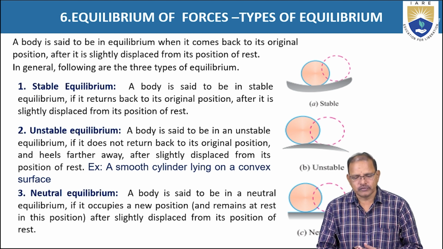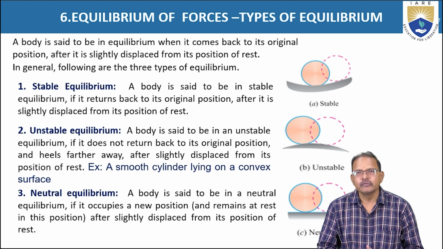Okay, types of equilibrium now. A body is said to be in equilibrium when it comes back to its original position after it is slightly displaced from its position of rest.